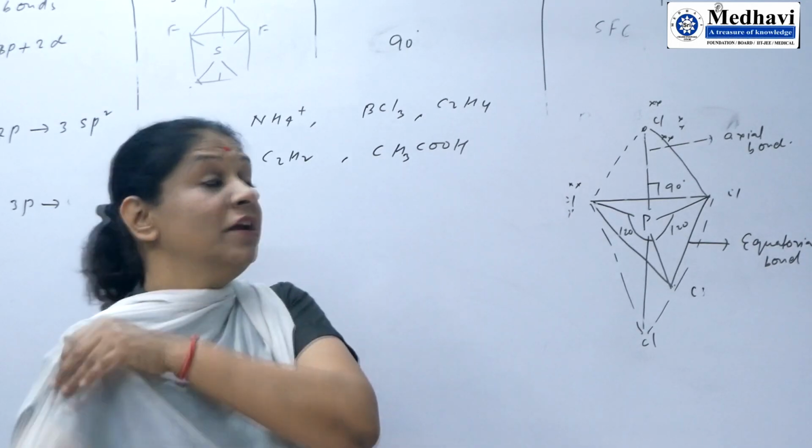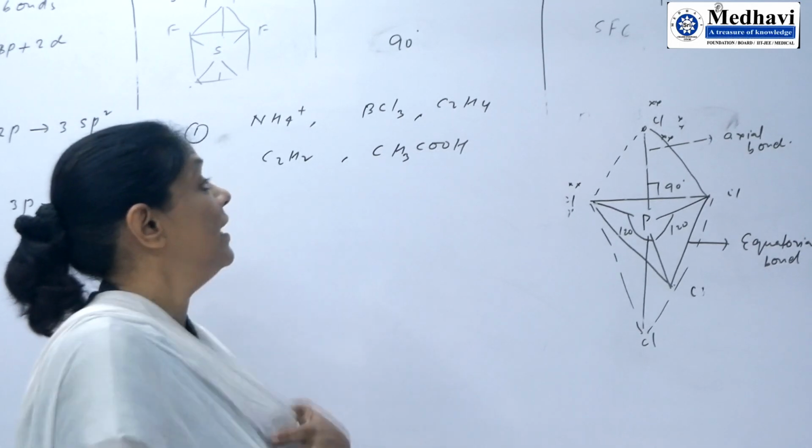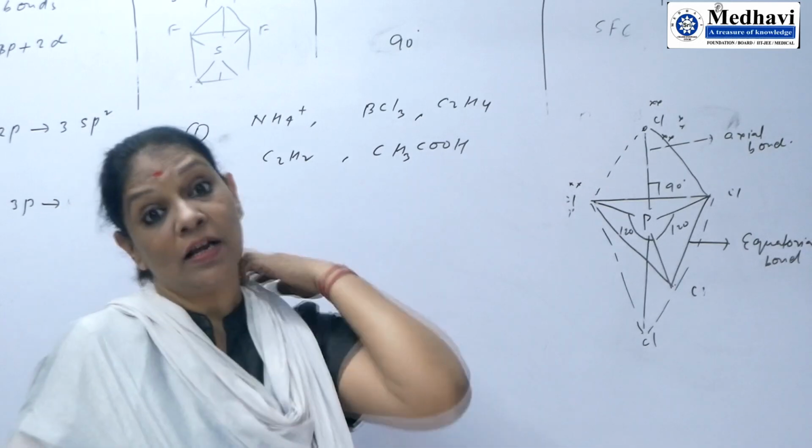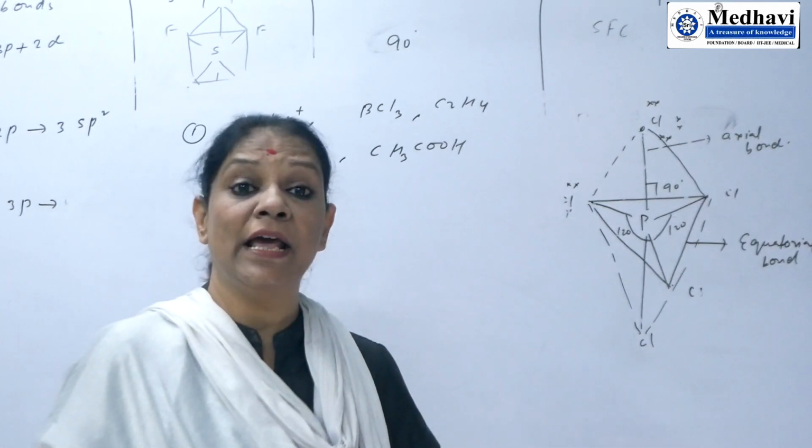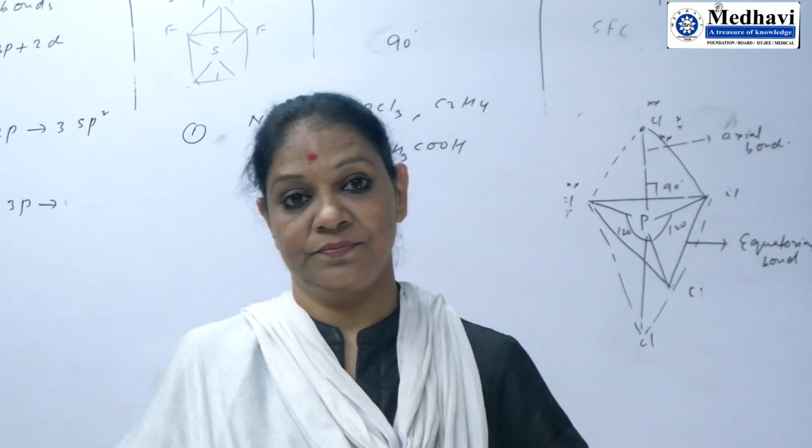When you are going to show the hybridization of organic compounds, then for organic compounds we will find a hybridization of each carbon.